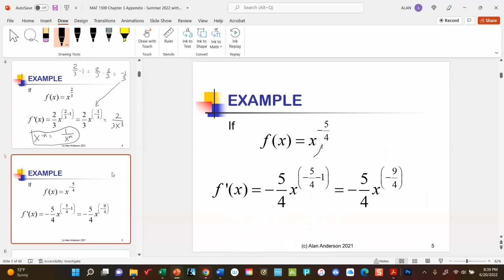So we multiply by the exponent, and then we subtract 1. Here we do have to watch it because we're subtracting from a negative number. And so the exponent is negative 9/4: negative 5/4 x to the negative 9/4.